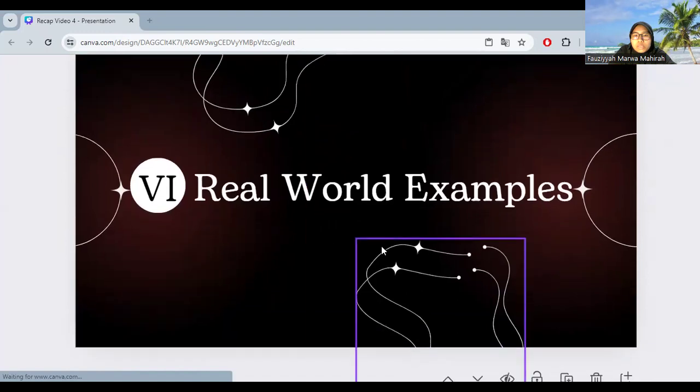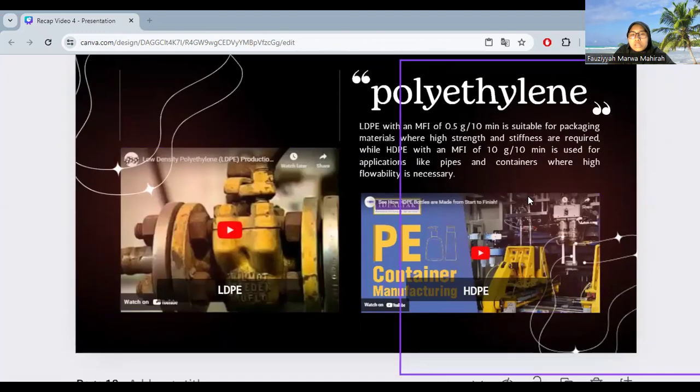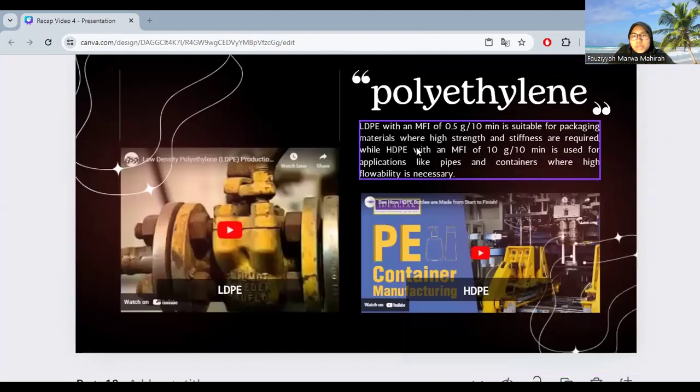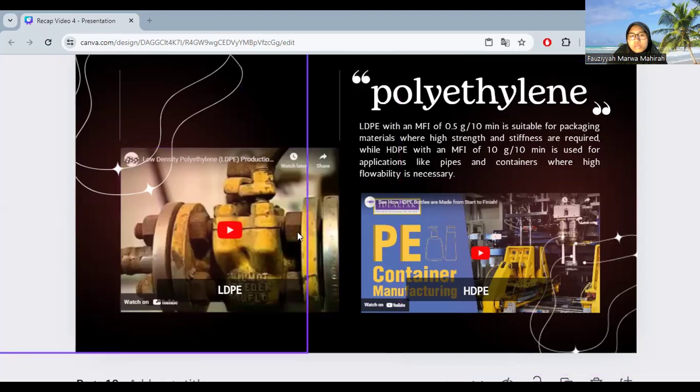So the real world example is polyethylene. There are two types of polyethylene, which are LDPE and HDPE. They don't always have the same MFI numbers, but from what I got, LDPE has an MFI of 0.5 grams per 10 minutes, while HDPE has a larger amount of 10 grams per 10 minutes.